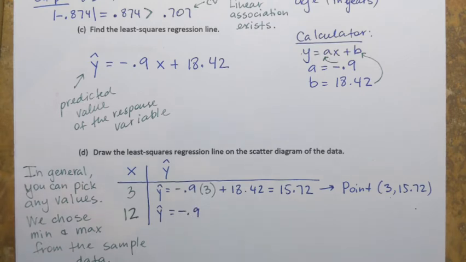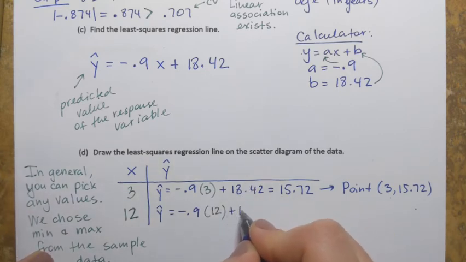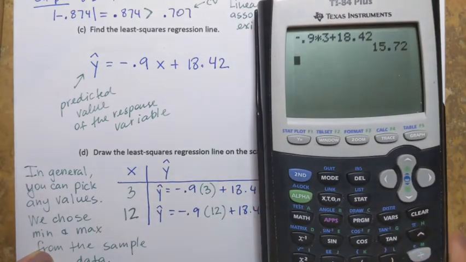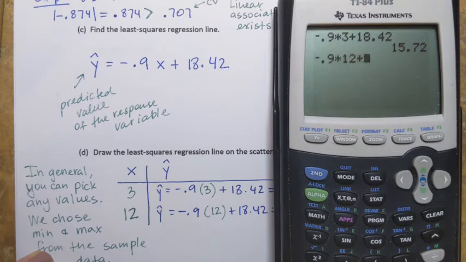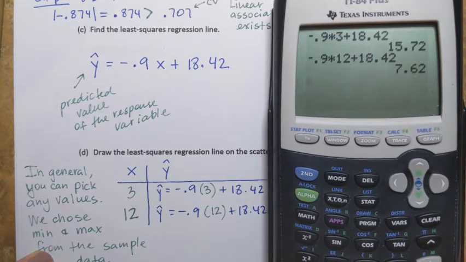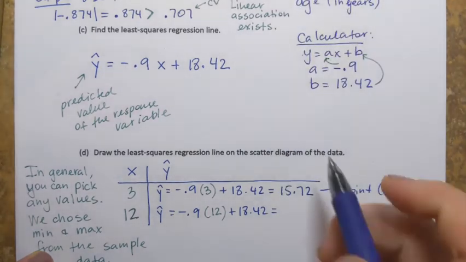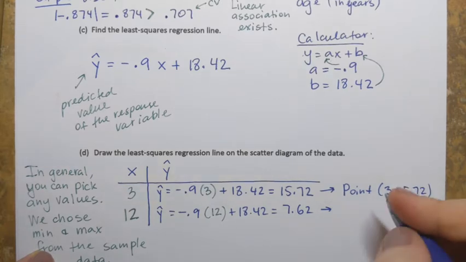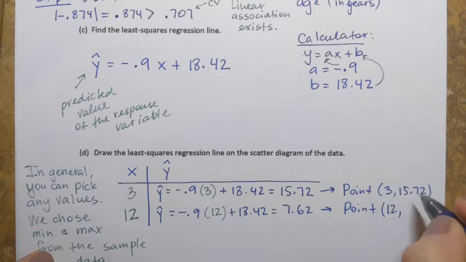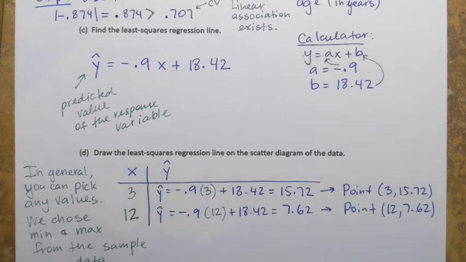Negative 0.9 times 12 plus 18.42, that's 7.62. So the second point will be 12, 7.62.